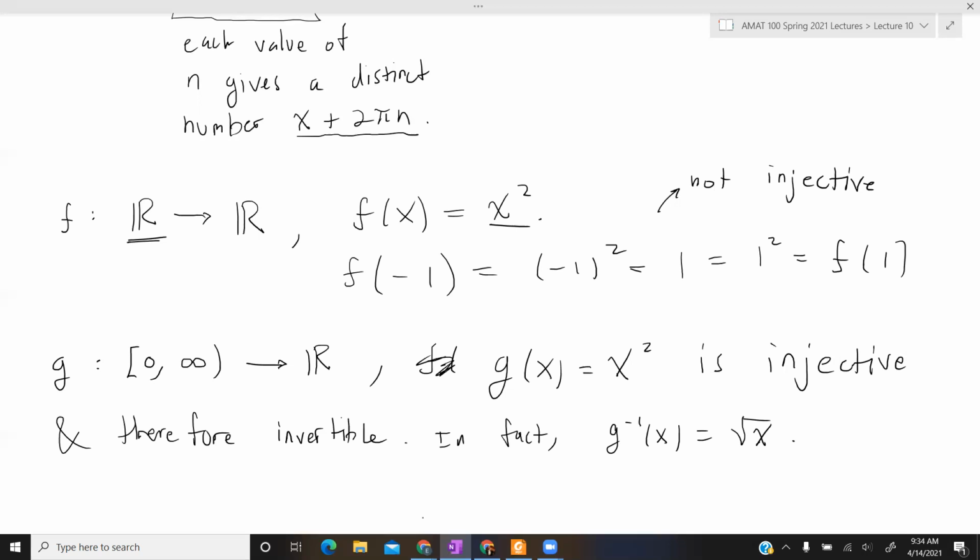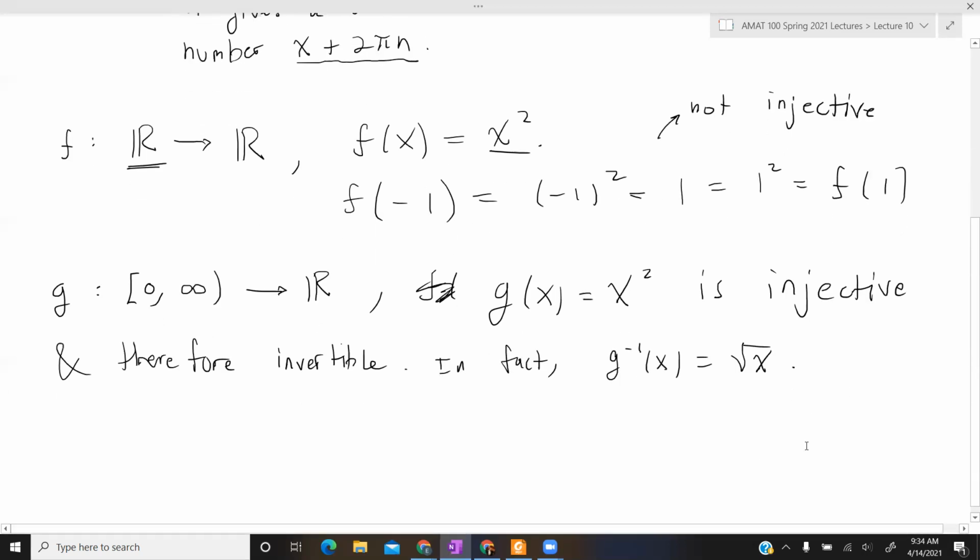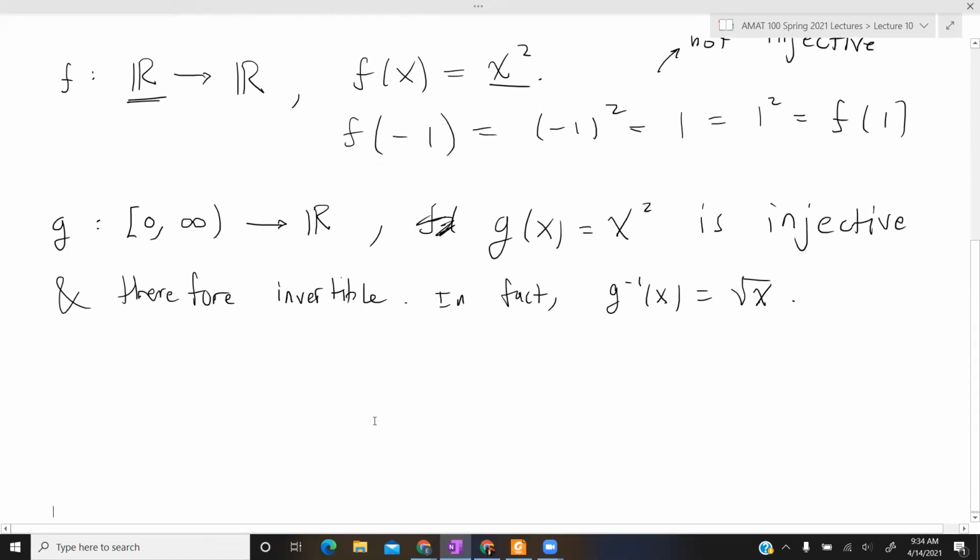Now, if you change, say, the domain, it's possible that the rule now becomes one that's invertible, that you can reverse the rule in a sense. And that's going to be true for trig functions in the way that it's true for this function right here, x squared.